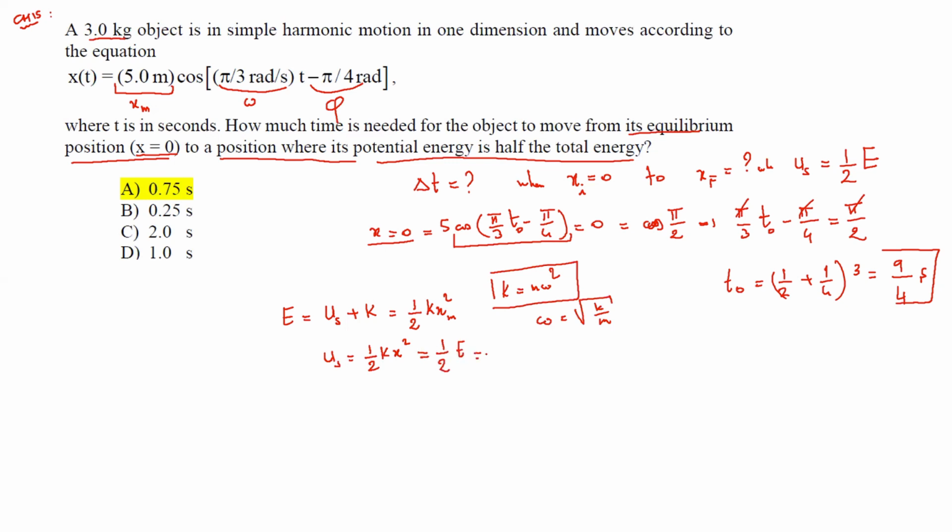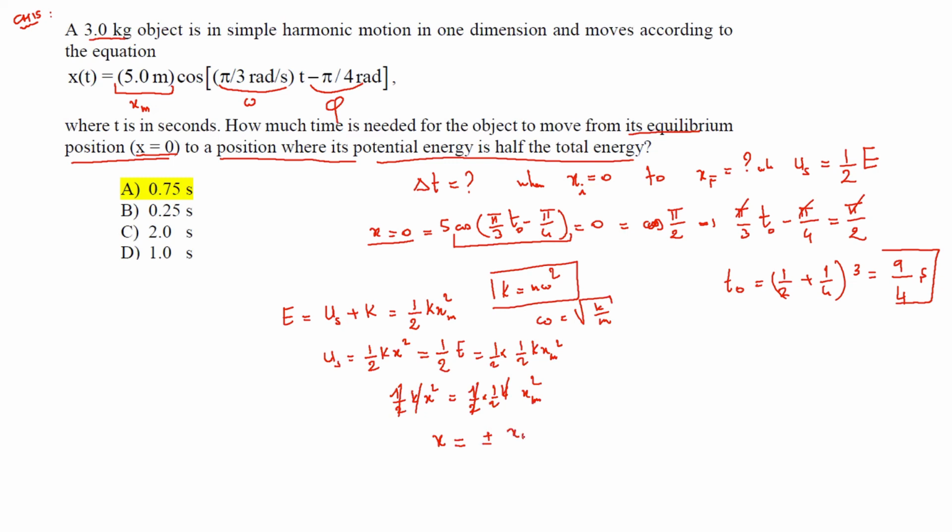So basically, U_S is half of half k x max squared. So I end up with half k x squared is equal to half of half k x max squared. I simplify by half, I simplify by k, and I end up with x will be what?